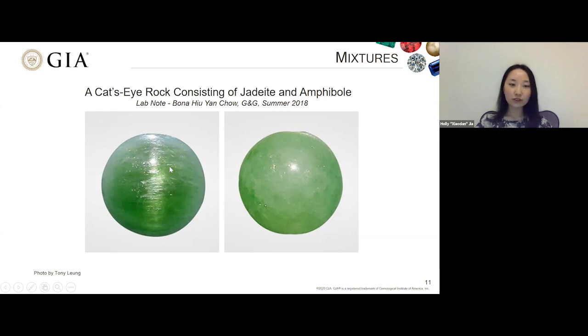And also worth mentioning is that the amphiboles associated with jadeite are not nephrite, but other types of amphiboles, mostly rich in sodium, such as richterite. And they can sometimes also be manufactured into gemstones and really resemble jadeite and nephrite, but they are not considered as jade.